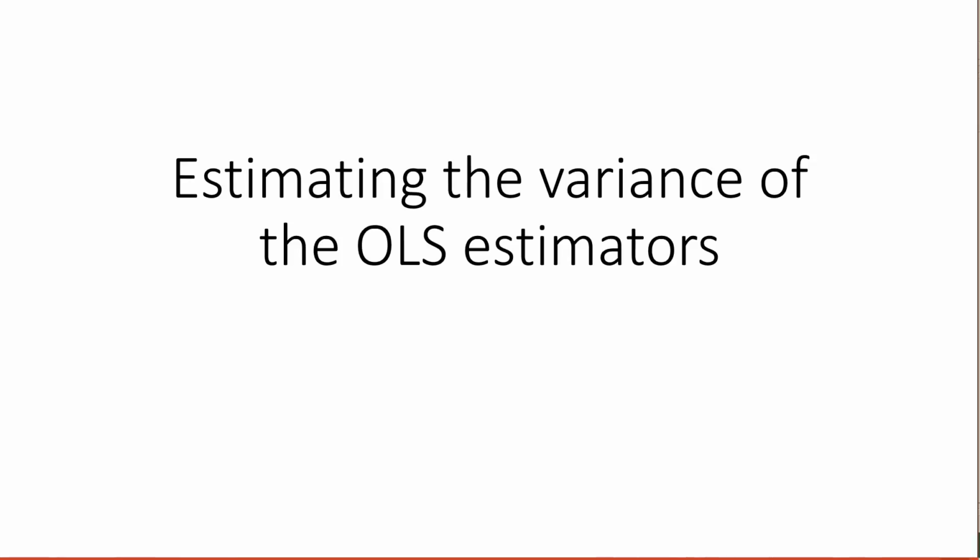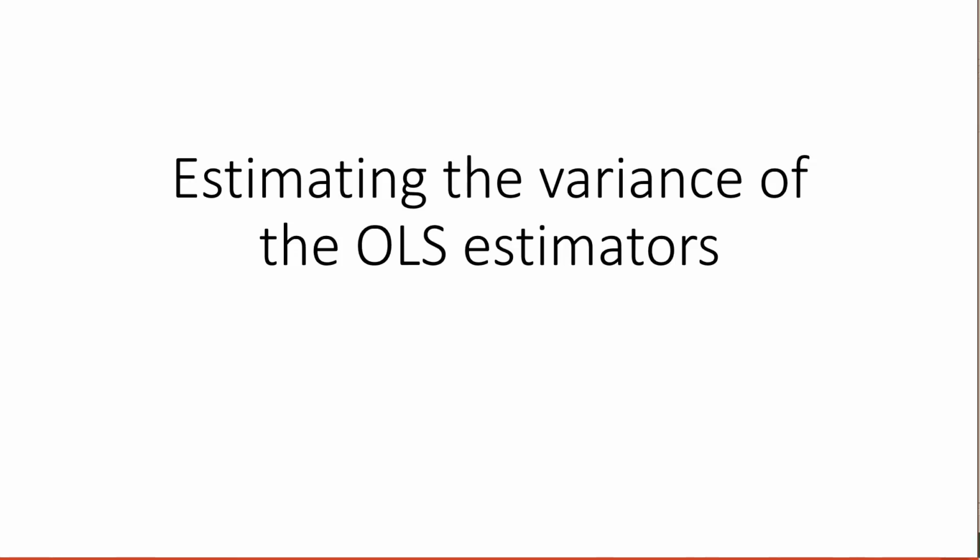If we have the full Gauss-Markov, so that the error terms are also homoscedastic, then we're able to derive a formula for the variance of B1 and B2. Unfortunately, those variances depend on the unknown parameter sigma square, which was the common variance of the error terms.